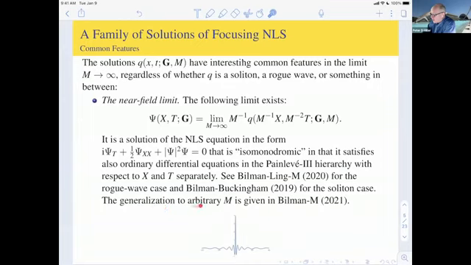And then the generalization to arbitrary m, not necessarily corresponding to rogue waves or solitons, is given in our recent preprint. So here's what we called at that point the rogue wave of infinite order. This is its graph at time capital T equals 0. That's what it looks like. So it's a transcendental solution. Amplitude is 4, and it has infinitely many of these oscillations like that.